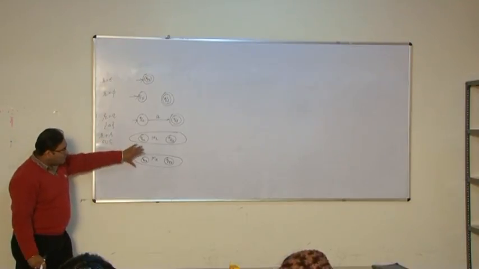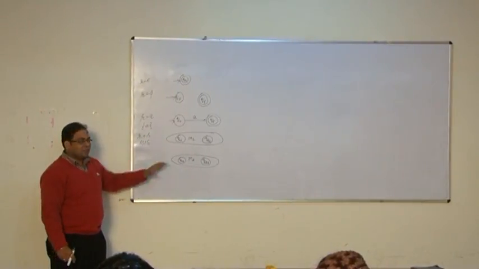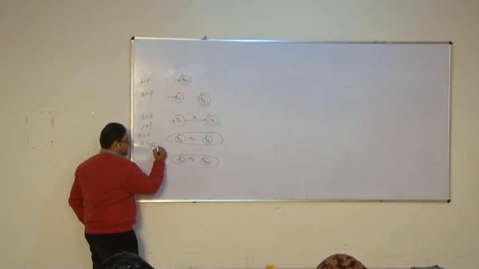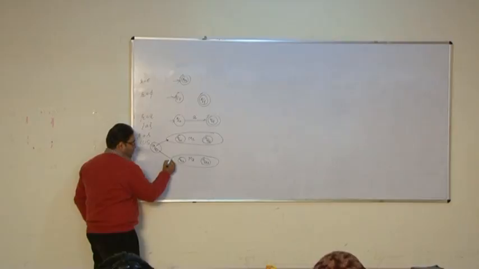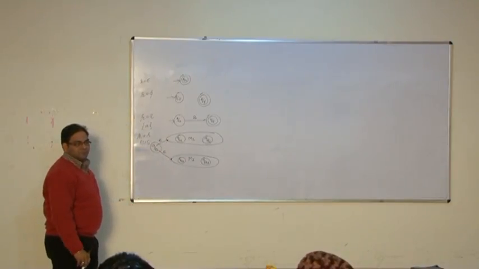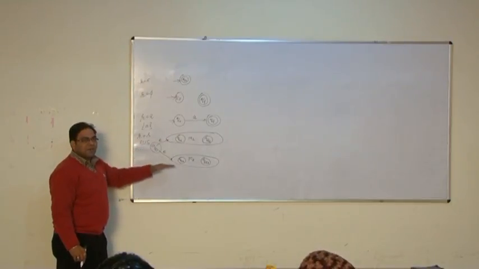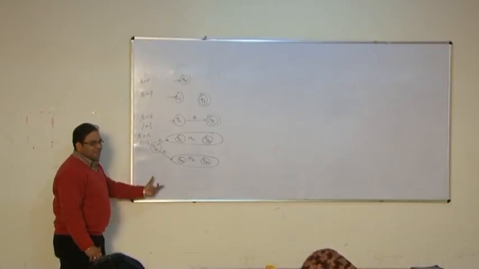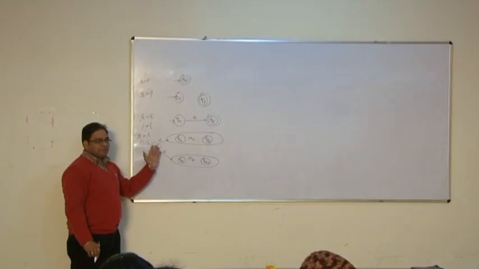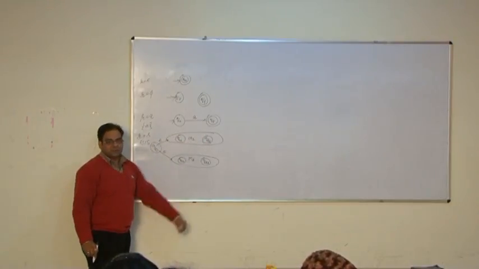To accept both of the strings, either this or this. What we'll do is add one initial state; we can go to this or to this. Depending upon whether the input string is accepted by M1 or M2, if it is accepted by M1, we will follow this path, otherwise we will follow the M2 path.